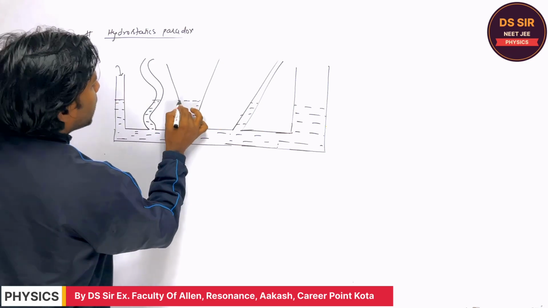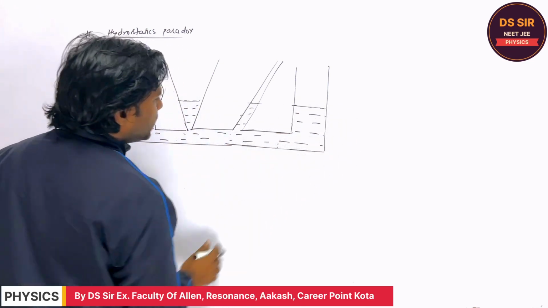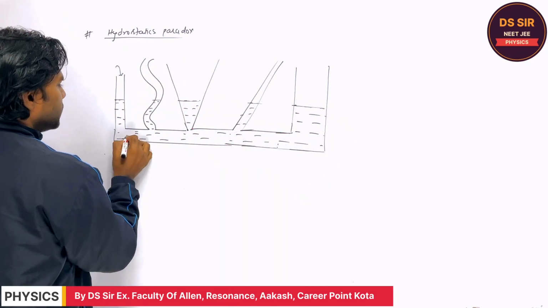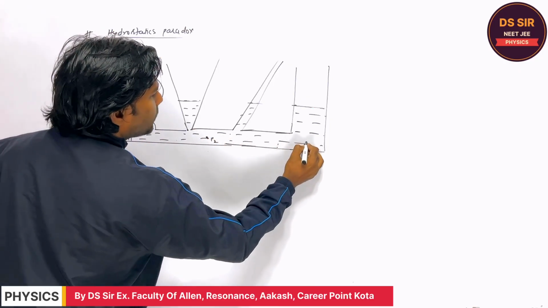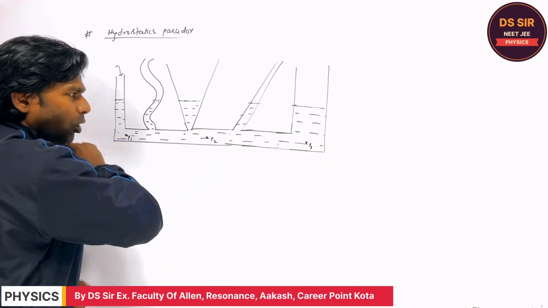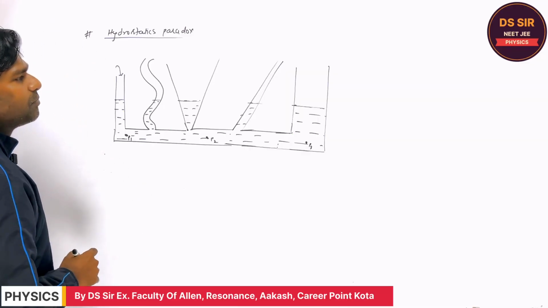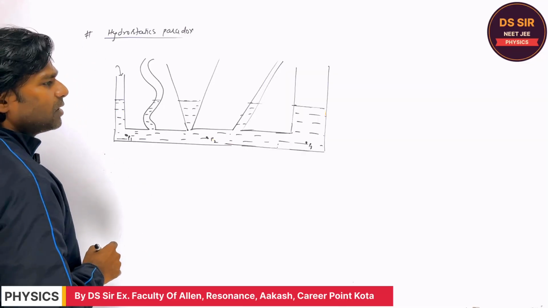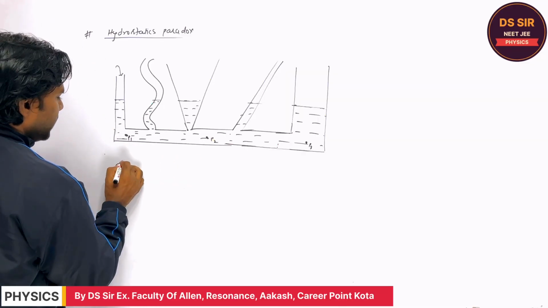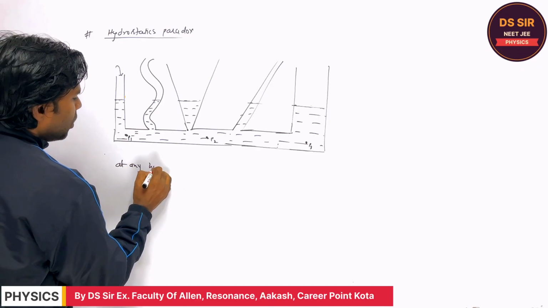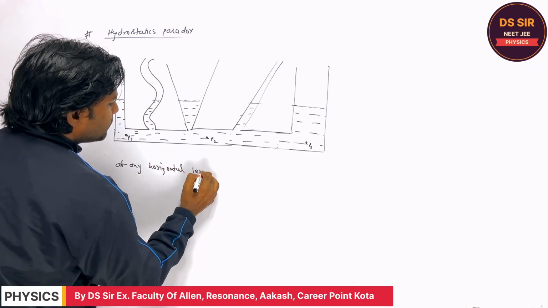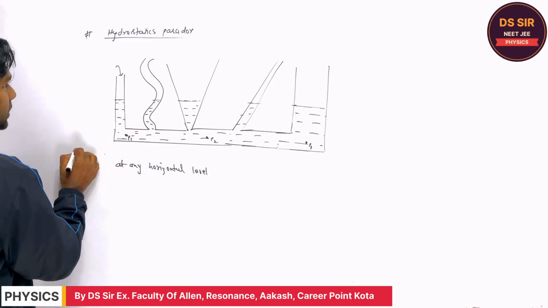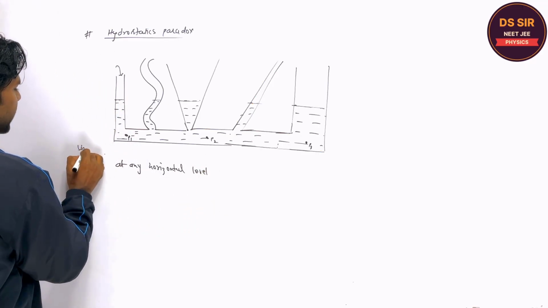So according to the hydrostatics paradox, listen one thing. If you choose any point, this is P1, this is P2, and this is P3. So at any horizontal level, the pressure will be the same. The condition is that the liquid is at rest.